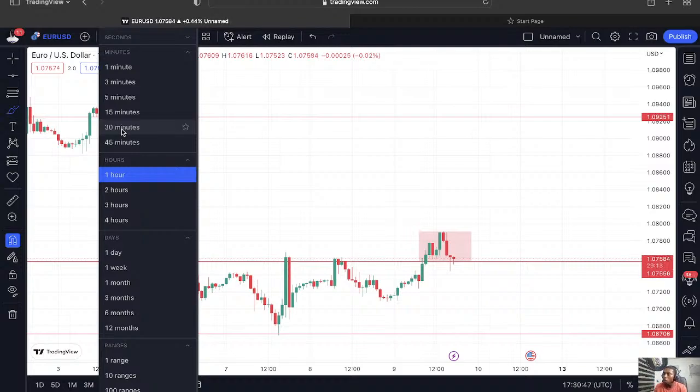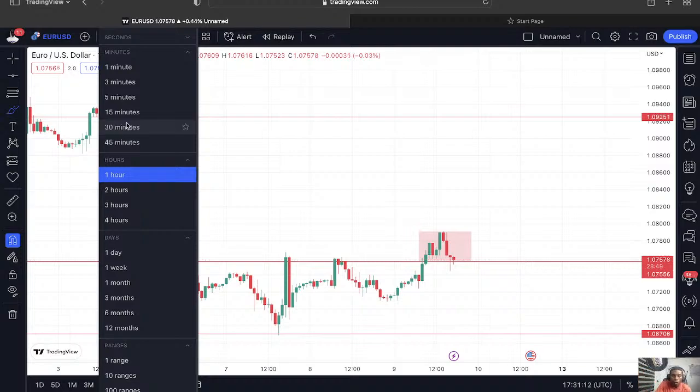Those are your good time frames for scalping. Definitely scalping is quite risky because of how fast the market is on lower time frames. So if you are looking at the 5 minutes chart, you want to be very fast. 1 minute chart, you want to be very fast because prices are moving very, very fast.